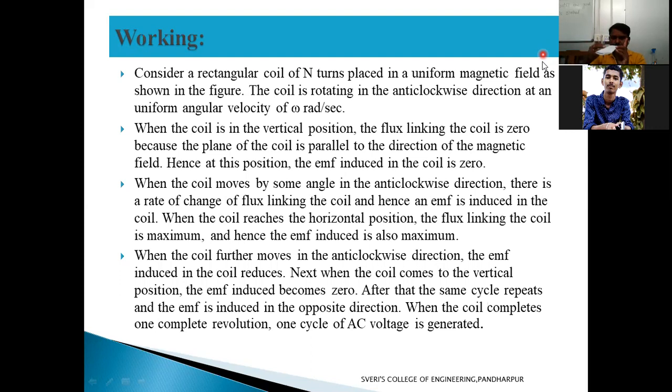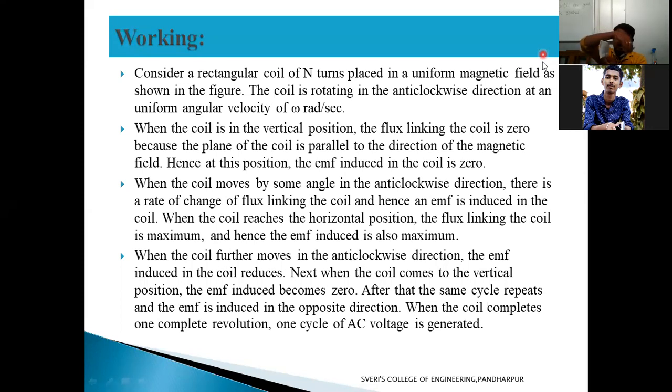So from 0 to some angle, what will happen? Some magnetic flux will get disturbed, so magnetic flux linkage will occur at that coil, and the EMF will start to be induced in this coil. When it is at 90 degrees, maximum flux linkage occurs, and the maximum EMF is induced.